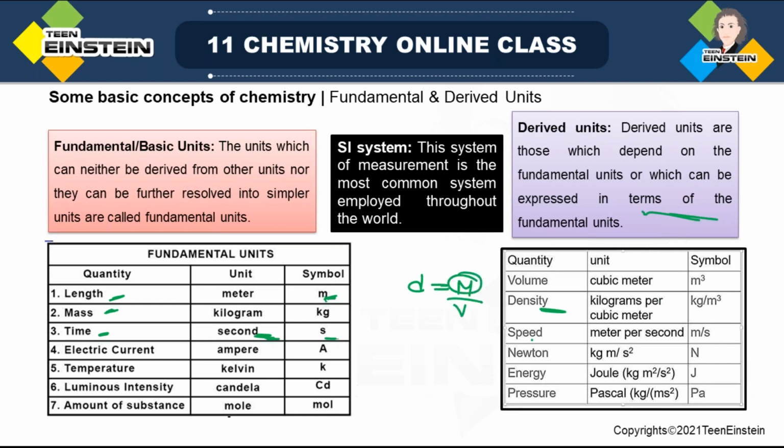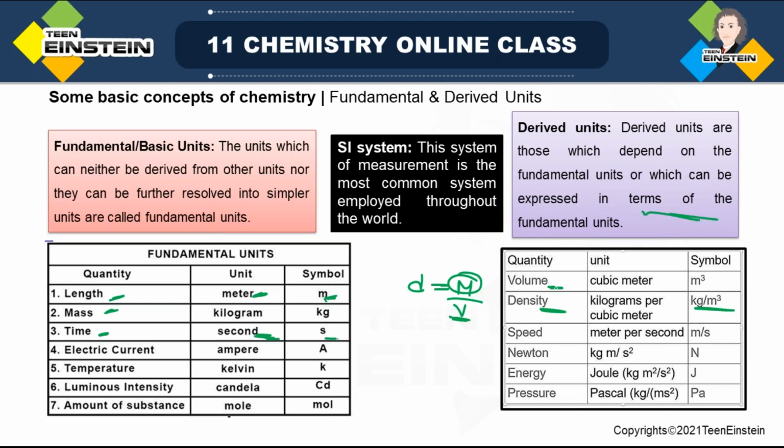Mass has a fundamental unit, kilogram. Volume has a different fundamental unit; it is length, but when it is taken three times, it is volume. That means it is cubic meter, m to the power 3. So basically here you are taking help of two fundamental units: one is kg, another one is meter.